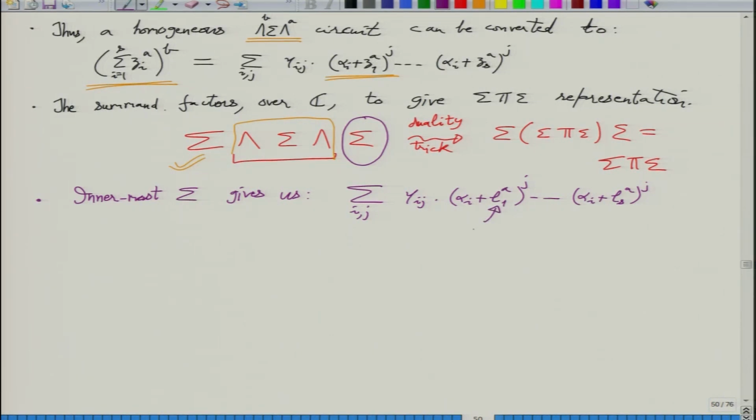So these are linear polynomials, but this hardly changes anything, because we can still factor this completely, right? Alpha plus L to the a still factors completely over the complex field.